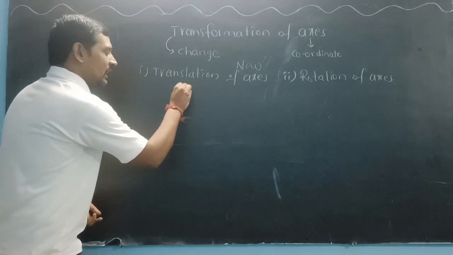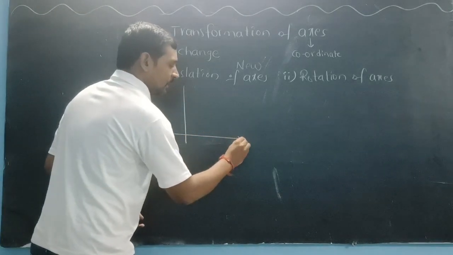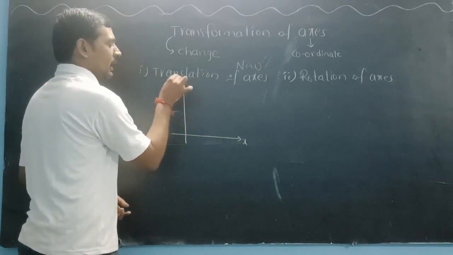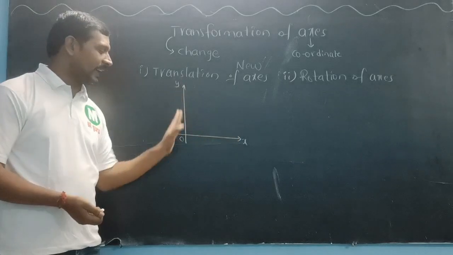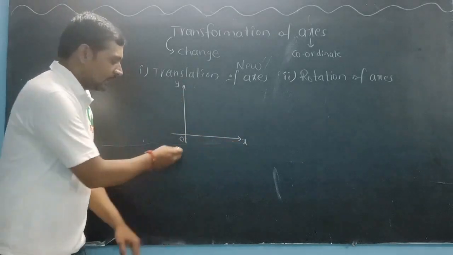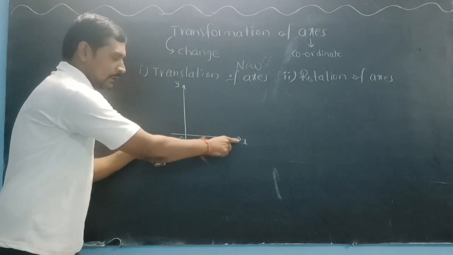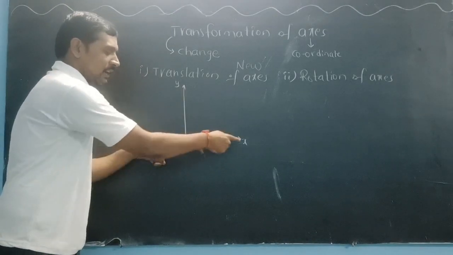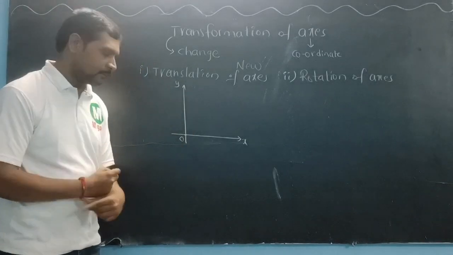See, translation means, if suppose this is a coordinate system or coordinate axis, and here O is called origin. Origin is nothing but the point of intersection of x-axis and y-axis, we call it origin.